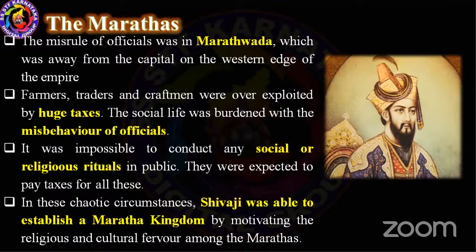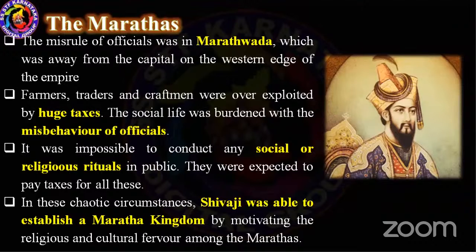The Mughal officers were collecting huge taxes from them. Also in social life, their behavior was cruel. They did not respect women and the people living in society. This was the condition because of which the Mughal Empire was declining.